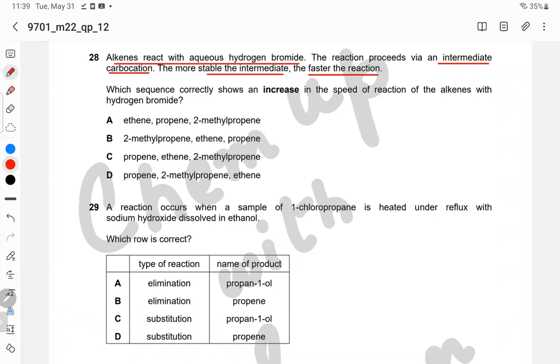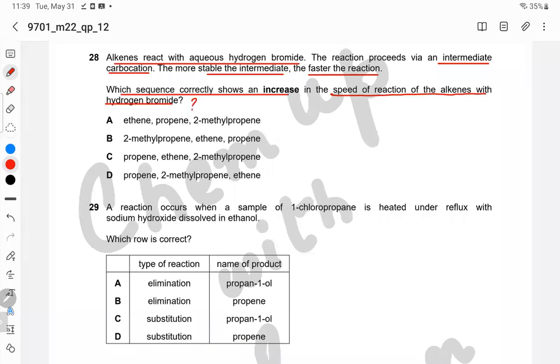Is this understandable? Which sequence correctly shows an increase in the speed of reaction of the alkenes with hydrogen bromide?